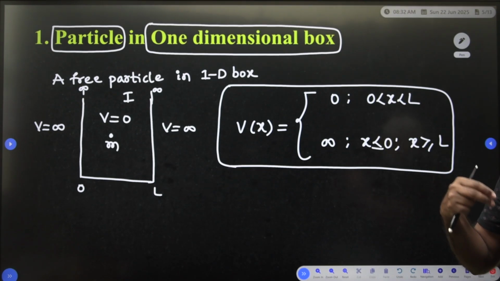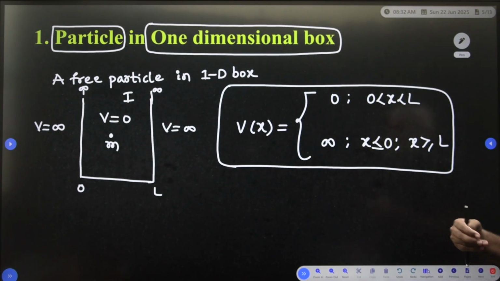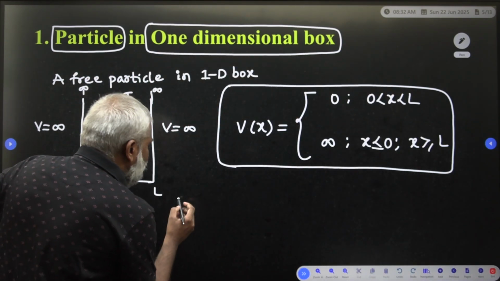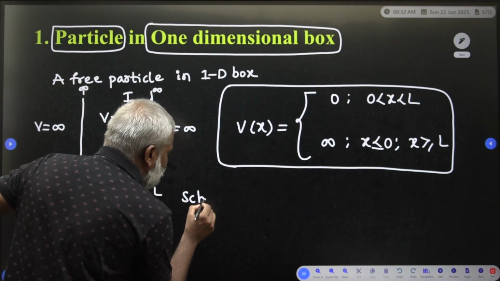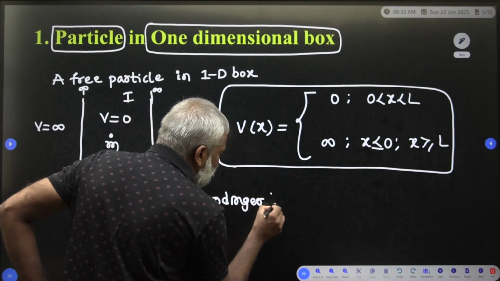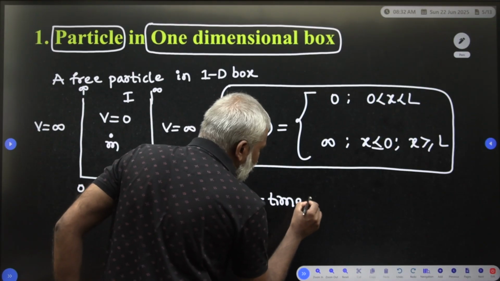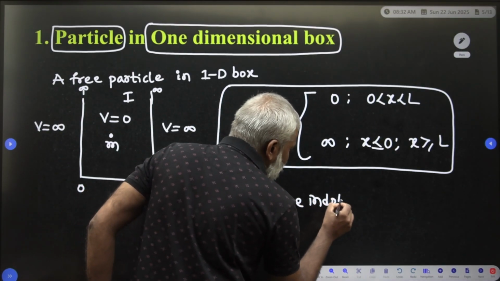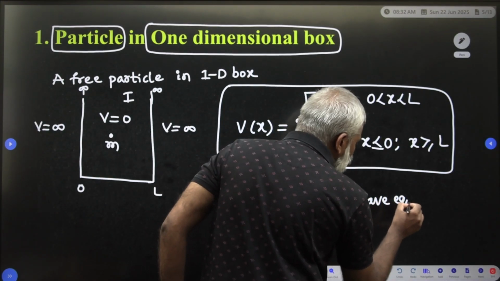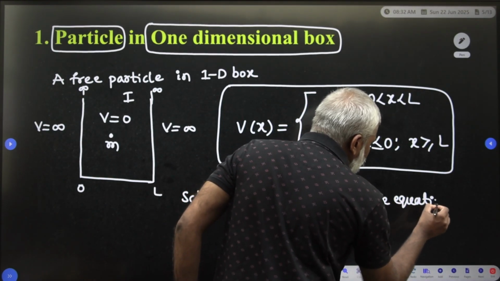After defining the potential, now you have to take the Schrodinger wave equation. We are writing the Schrodinger time independent wave equation.